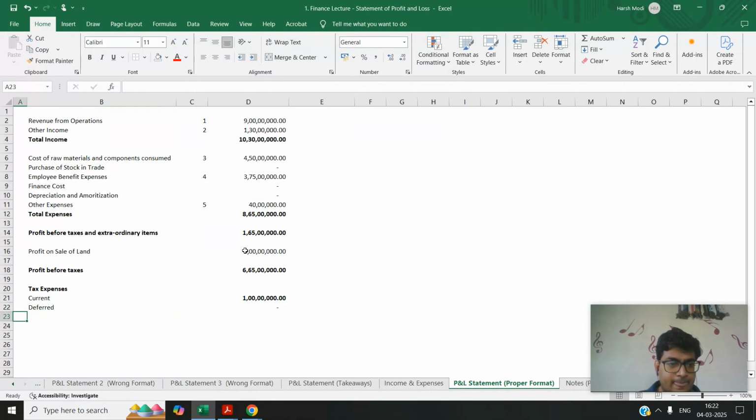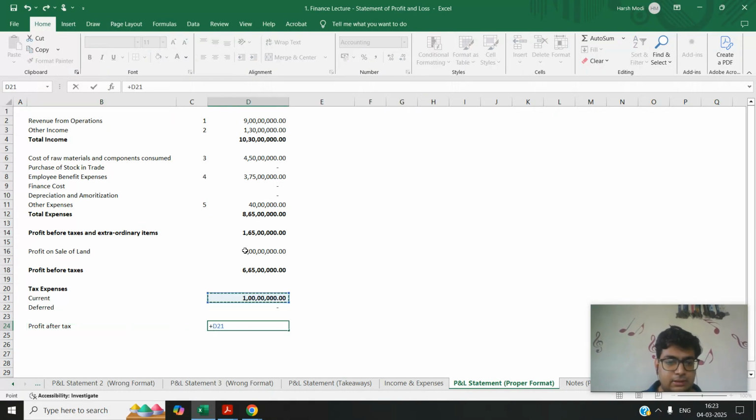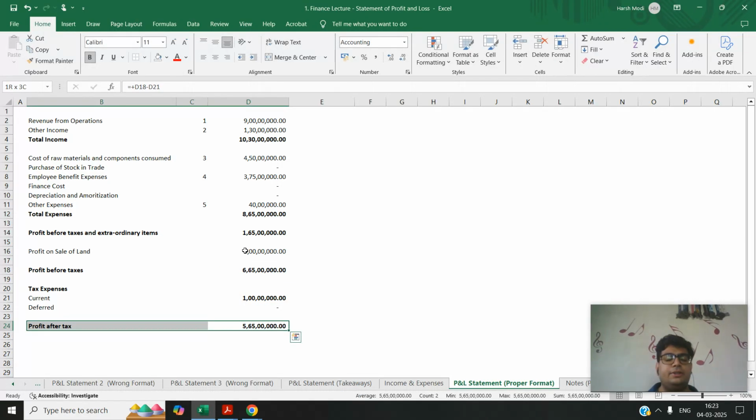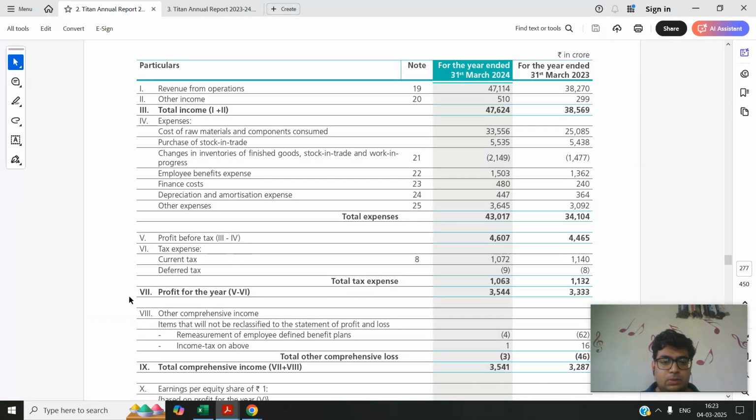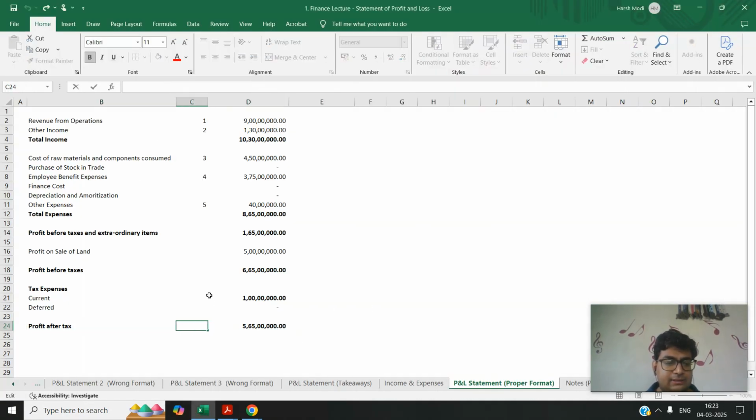This is 0. Now we will have profit after tax. This minus tax expenses. There you go, guys. Now this is your profit for the year. So also profit after tax, or let me put it as profit for the year.